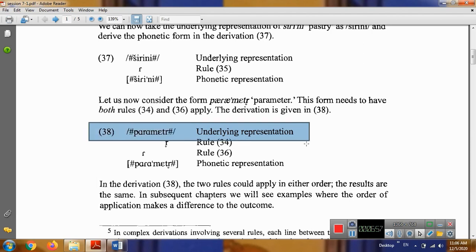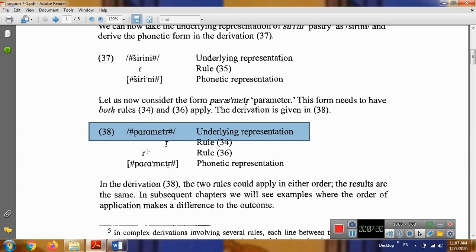First, the rule of 34, which is the devoicing of the trill re at the end of the word, applies on this word, so this re is devoiced at the end of the word.